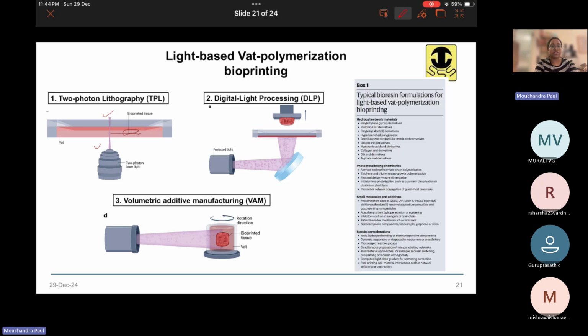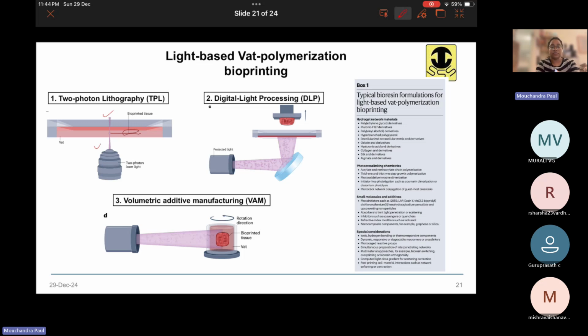That is called volumetric. In this method, you can use multiple light sources and keep the vat constant. So volumetric bioprinting is also possible. We discussed all these three techniques in more detail in the last class on Saturday. Those who were not there, I recommend you go through the notes and the recording.